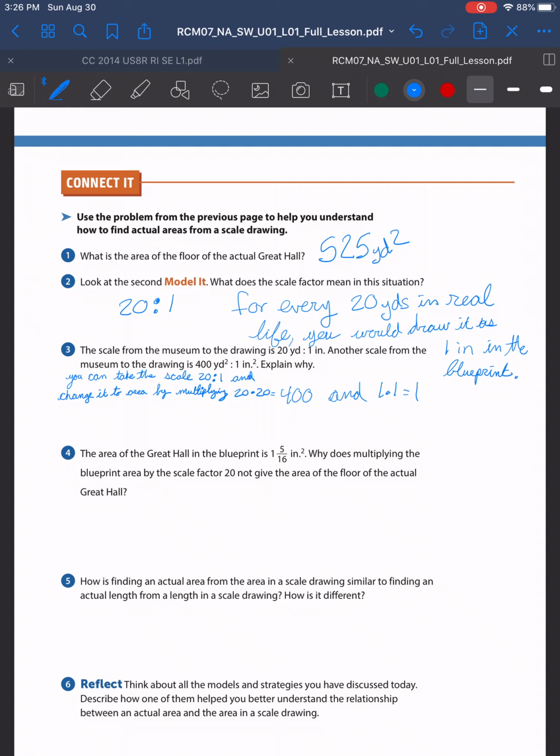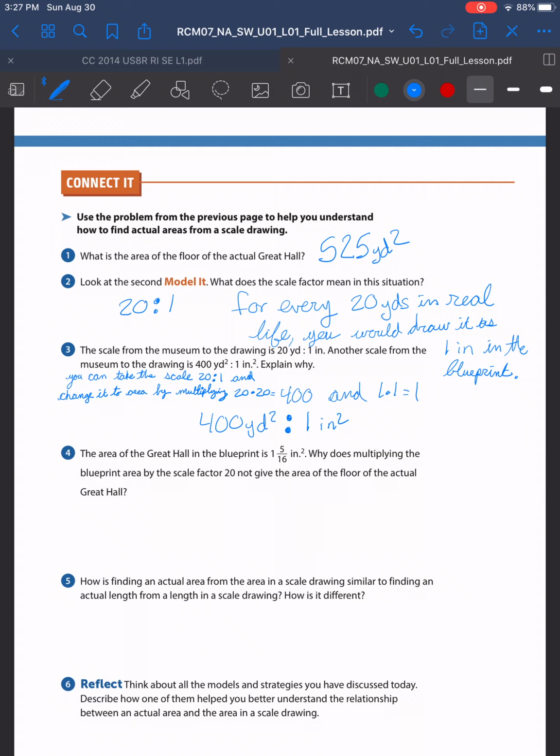But then you'd have to say the squared, so it would be 400 yards squared, because it's area, to 1 inch squared. Kind of a silly question, but you can do it that way.